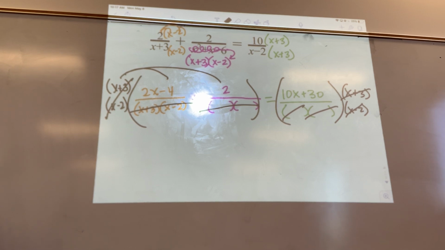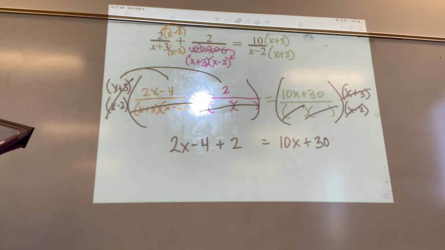Amy, what's gonna be left over? 2x minus 4 plus 2 equals 10x plus 30. Perfect. So we end up with basically just our numerators, right? Go ahead and solve that on your own paper. You should get a negative answer.